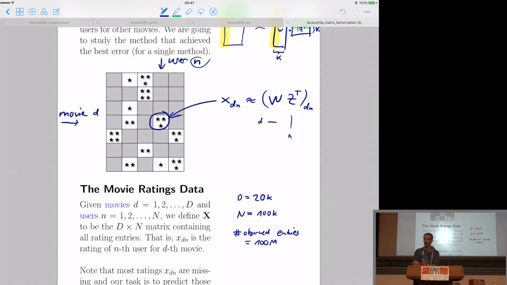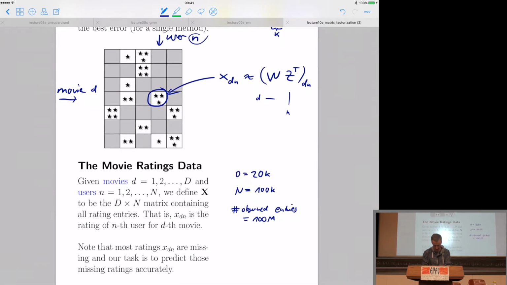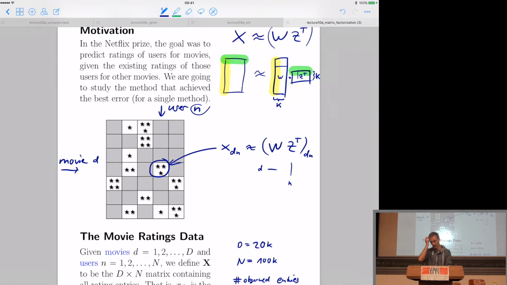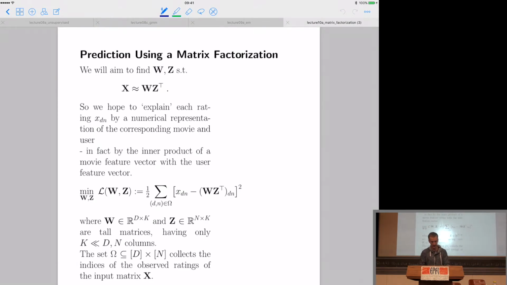And actually, that's a very similar data set as you use if you choose to do this recommender system project as your second project. And it's derived from this data set. Okay, that's the task. So find W and Z, which approximate the X well. So it's a very simple task. And there are some different variants how you define this to be close, right? And that's what we're going to look at a little bit.